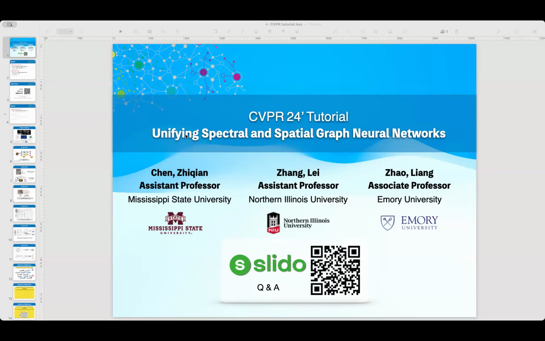Formally, it is defined as left multiplying by U. You see the difference between the inverse graph Fourier transform and the graph Fourier transform, the first step and the third step. They both left multiply by something, but the graph Fourier transform left multiplies by U transpose, while the inverse left multiplies by U. That's the only difference.